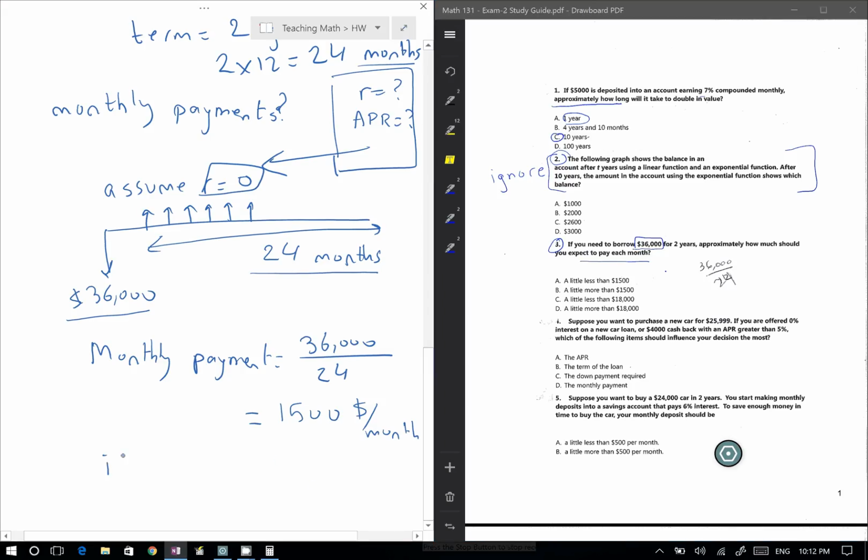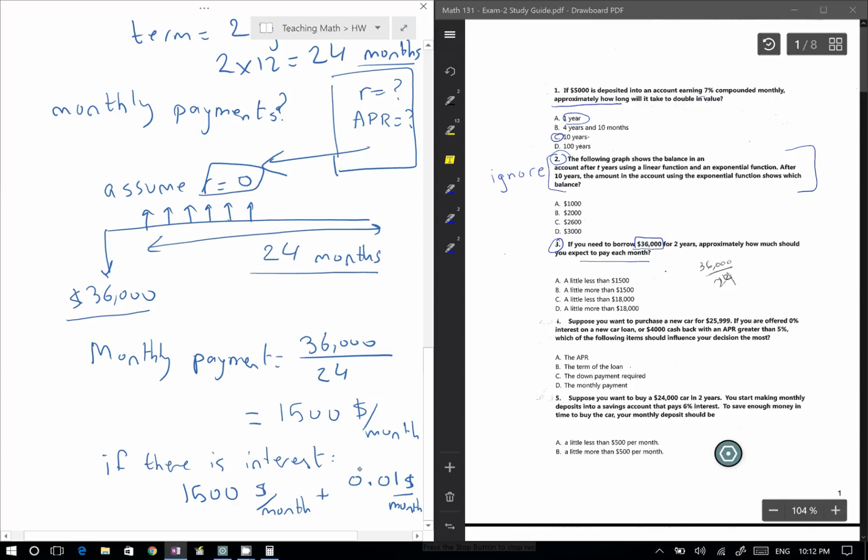So if there is interest, the payment will be $1,500 per month plus some interest, even if it was pennies, like let's say $0.01 per month. So that's my answer. Make sense? Okay, moving on.